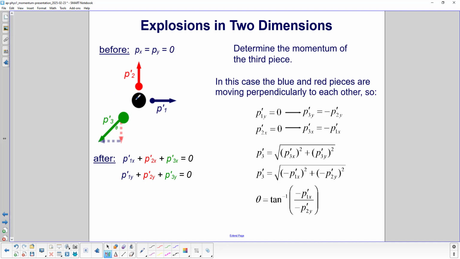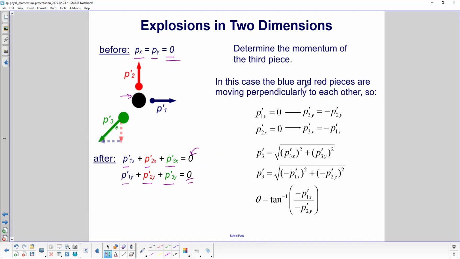Before the explosion, this object is not moving. So px is equal to py is equal to 0. Afterwards, p'1x plus p'2x plus p'3x has to equal the initial momentum in the x direction, which is 0. Then p'1y plus p'2y plus p'3y also equals 0.